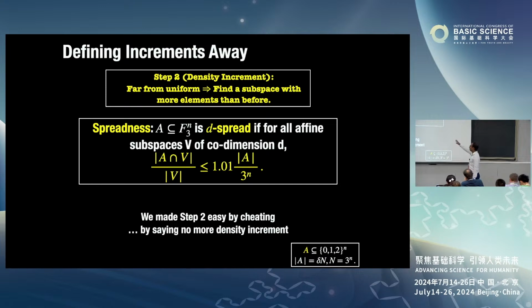This 1.01 is a fixed constant, a universal constant 1.01. The relative density is no more than 1.01 times the original density. Okay. So saying that there are no more density increments to be had, do all the density increments that you can first. Okay. Then this doesn't mean we solve the problem.